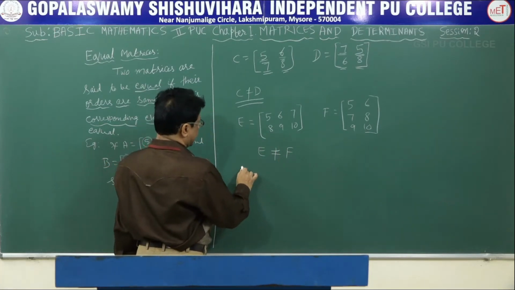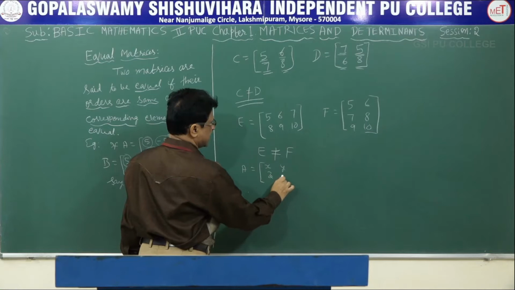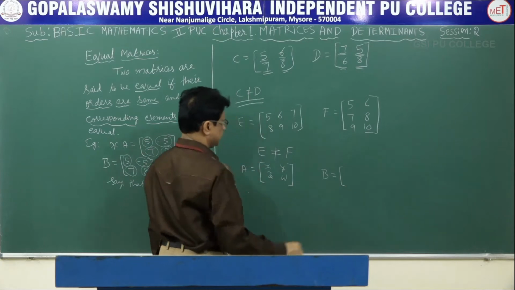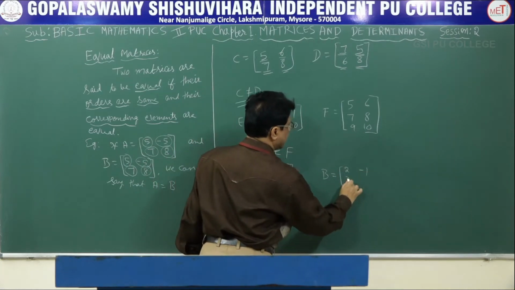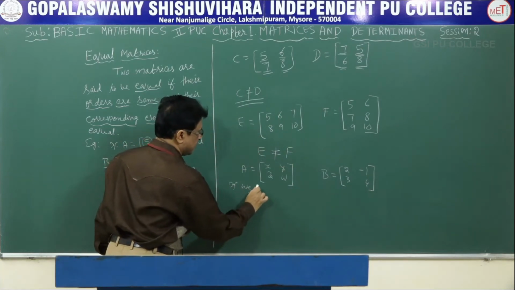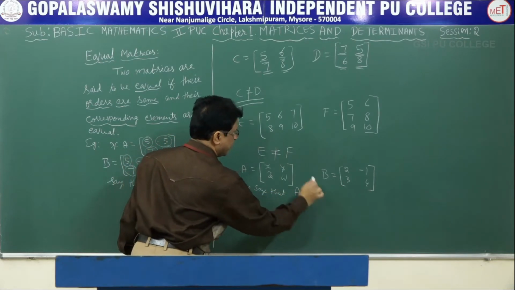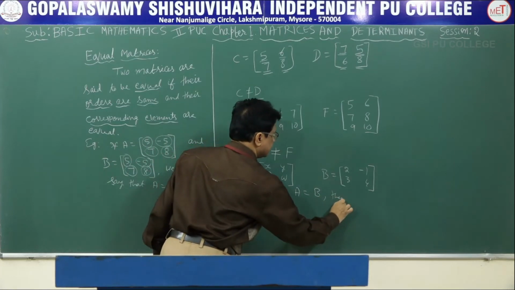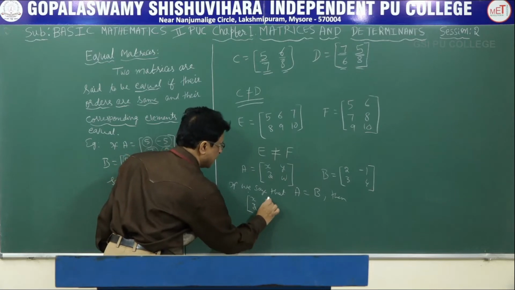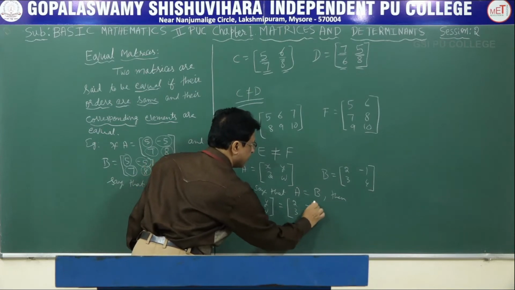Suppose let us consider two matrices A equals x, y, z, w and B equals 2, -1, 3, 4. If we say that A is equal to B, then the matrix x, y, z, w will be equal to 2, -1, 3, 4.